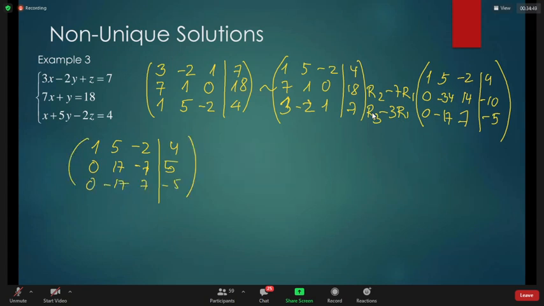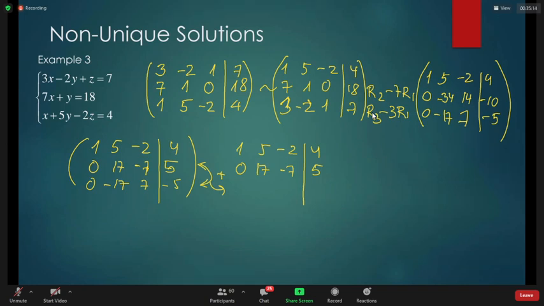So if we now simply add these, I get 1, 5, minus 2, 4, not touching it. Second row, I'm leaving as it is. You cannot eliminate both. When you add them, the sum goes into one line only. You cannot put them in both lines. Both rows cannot become 0.